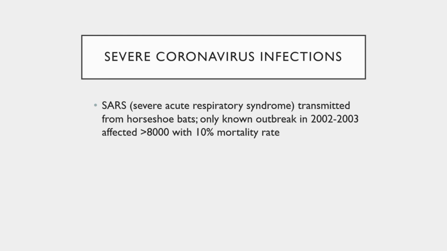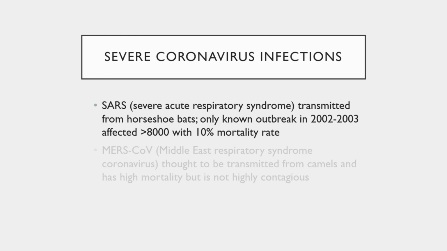So it was killing 1 in 10 people who were infected with it. And thankfully, this SARS outbreak, unlike the COVID-19 outbreak, was contained and wiped out through very swift and aggressive quarantine measures. And there has never been another known outbreak of SARS since.